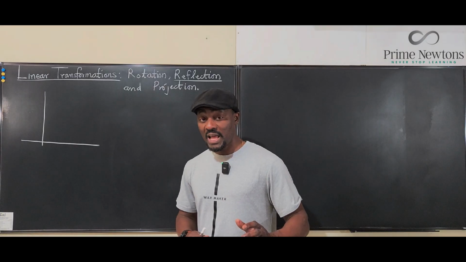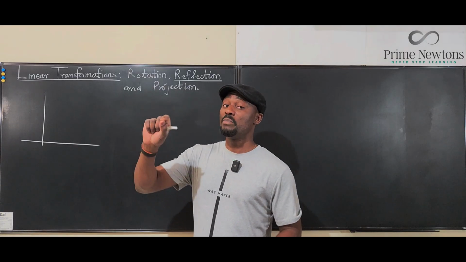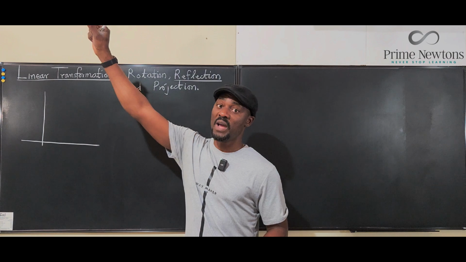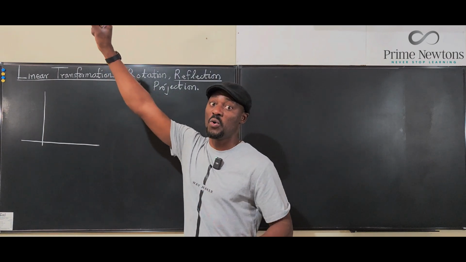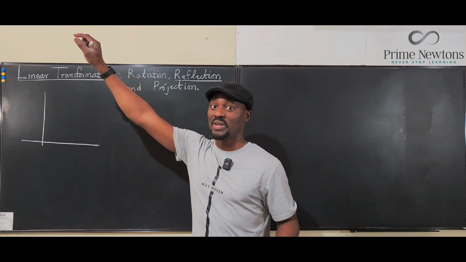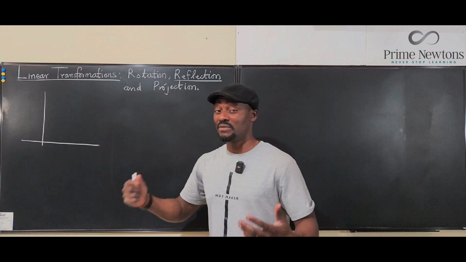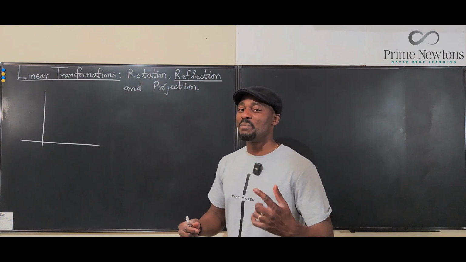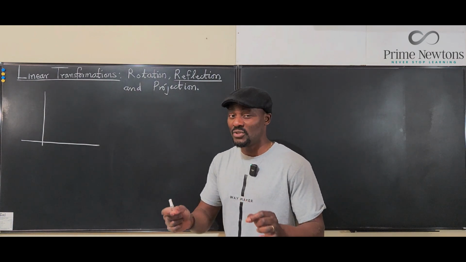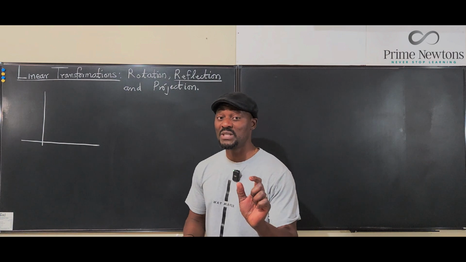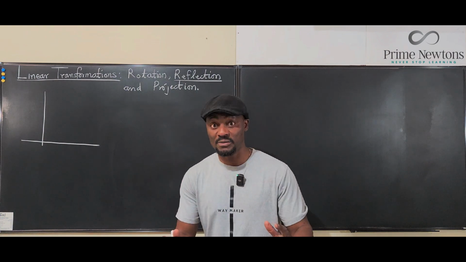If you recall, in the last video, I was talking about a point being transformed or moved to another point, and I said it was a linear transformation. Now, what I meant by a point was actually a vector, because a vector can be defined by a point in R2.